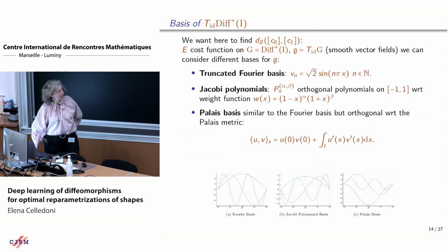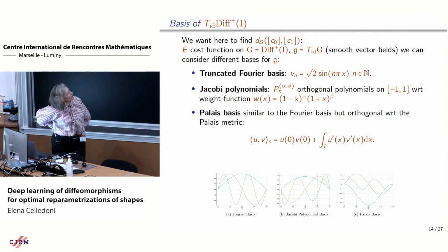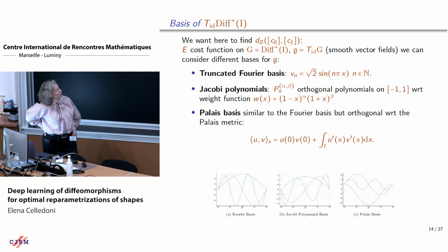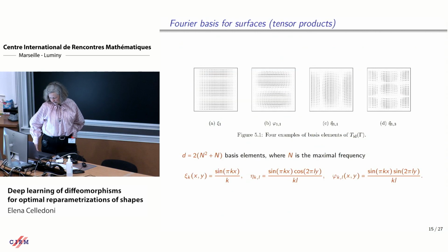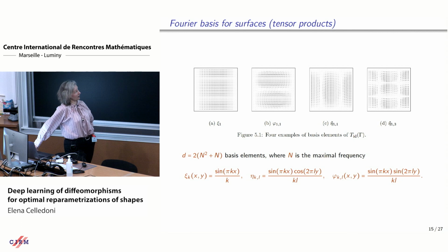All right. Okay, so let me start by considering basis functions for the case of curves. Here are three options: the Fourier basis, Jacobi polynomials, or the Palais basis, which is related to the Fourier basis, but it is scaled differently. For the surfaces, you can take tensor products of the Fourier basis, for example.